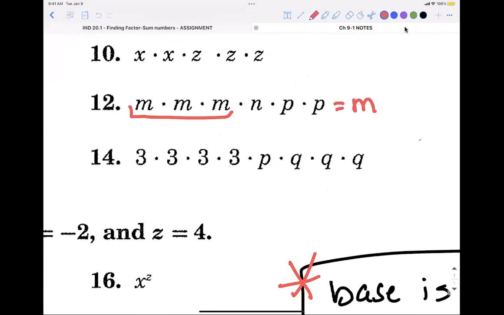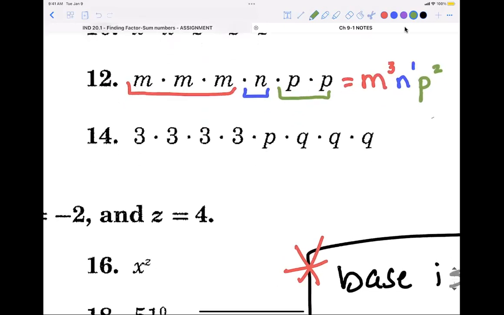Anybody, just say it. 3rd, good. Next, I go to my next base, which is an N. What's my power here? Caden, 1, good. I go to my next base, it's P. How many of those do I have? 2. That's your answer. Just simplifying it up and writing it all with exponents.